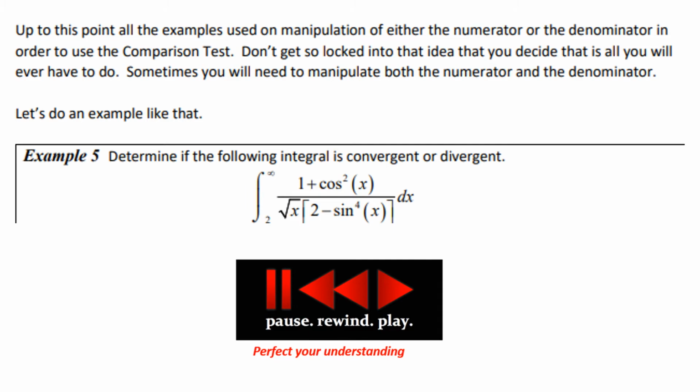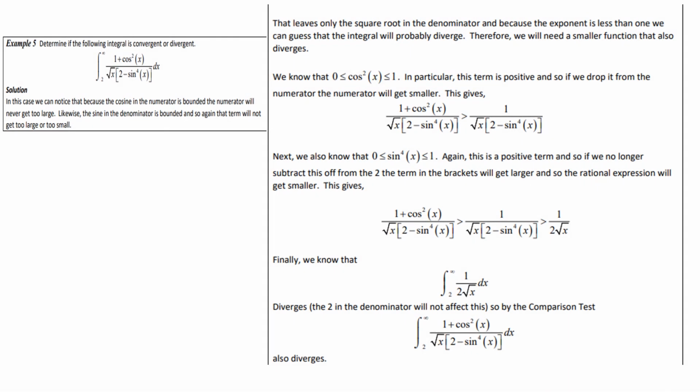Let's see how you did. Now, 1 plus cosine squared is 1 plus a positive number. And so that's going to be bigger than if you replace it by 1. So you know that this integrand is bigger than this. And we also know that sine to the fourth is between 0 and 1. So that's a positive term.